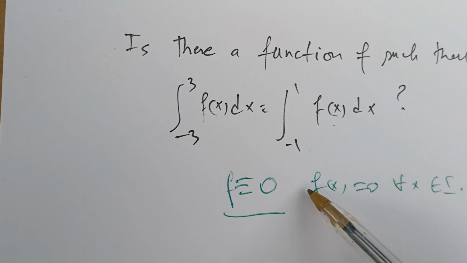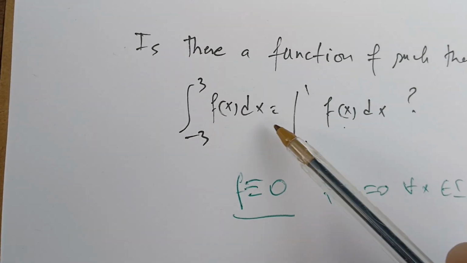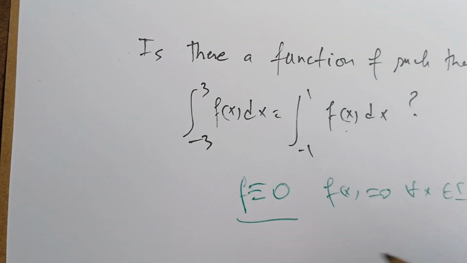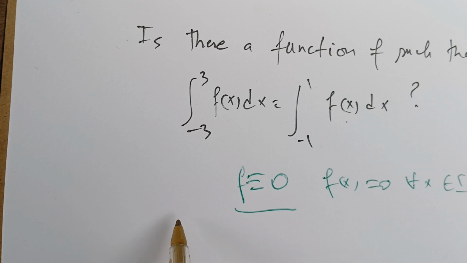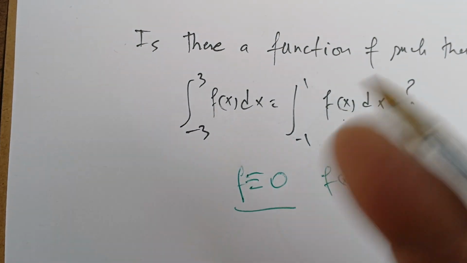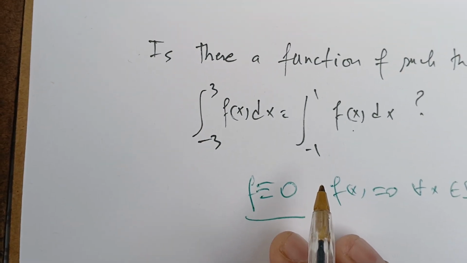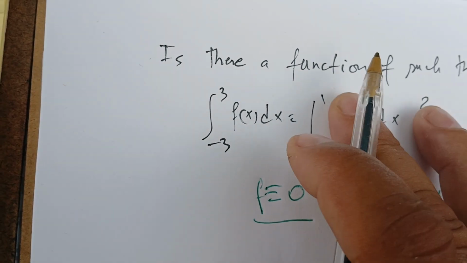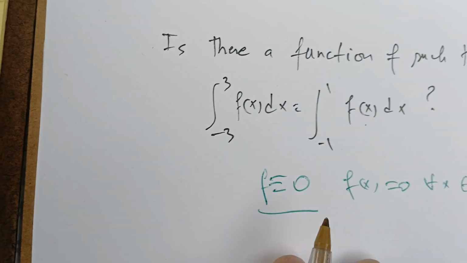If you don't like such a function f that's 0 to solve this problem, we can construct a function that would satisfy this condition. How can we do that? We can define a function that's the same on this interval, -1 to 1, and it's 0 outside of this interval.